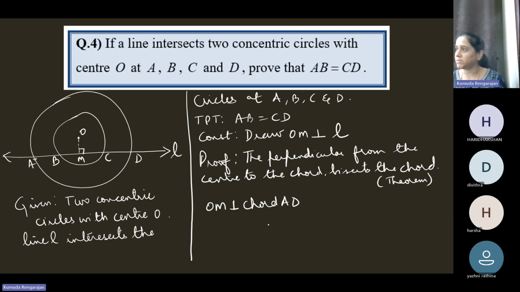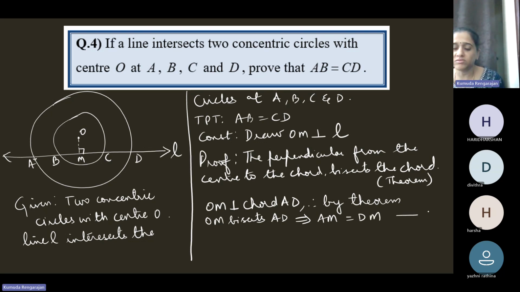So it bisects the chord by the theorem. Therefore, by theorem, OM bisects AD. This implies AM is equal to MD.